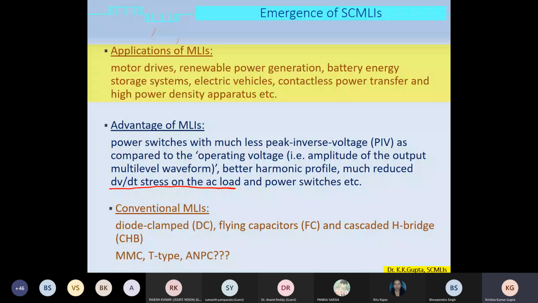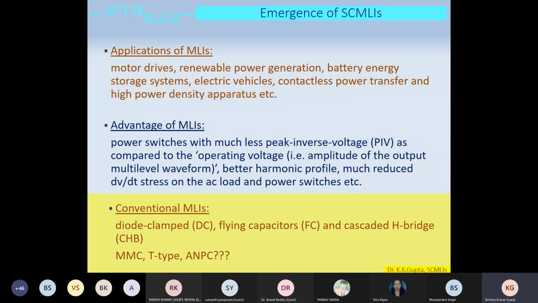Three of those topologies are the modular multi-level converter, which is also being used in renewable energy applications in addition to HVDC applications, for which it was mainly conceptualized. Similarly, the T-type inverter and active neutral point converters are also being employed for renewable energy applications. So this is a brief introduction on the applications, advantages and topologies of multi-level inverters.